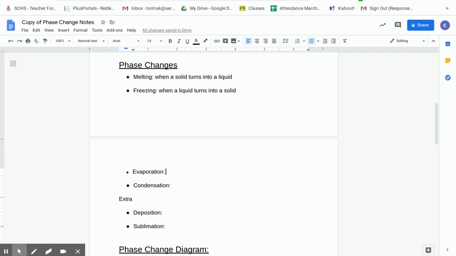Evaporation is when a liquid turns into a gas, and condensation is when a gas turns into a liquid.